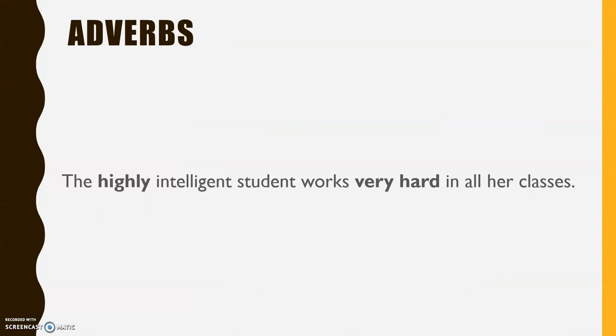Let's use the same sentence and find the adverbs. The highly intelligent student works very hard in all her classes. So we've already identified a great deal of words in this sentence and how they're used. We're left with some other words. So let's take a look at our main part of our sentence first.